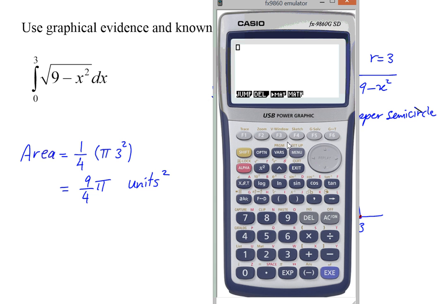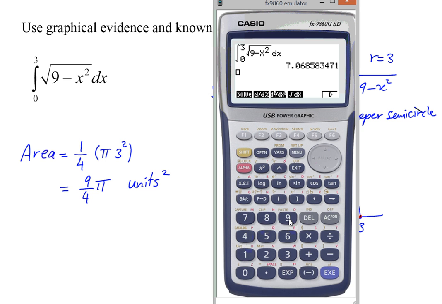So options, F4 calculus, F4 integral, and the function is the square root of 9 minus x squared, lower limit 0, upper limit 3, this equals 7.068, and this should be the same as 9 over 4 pi.